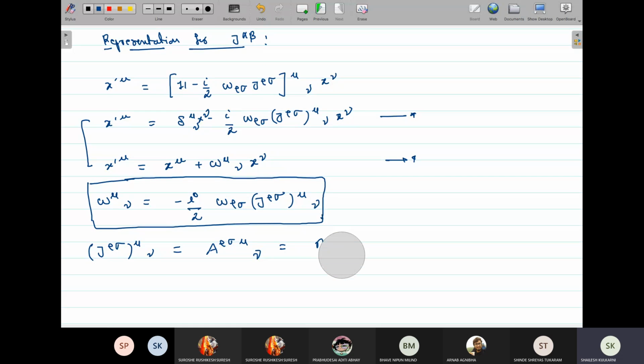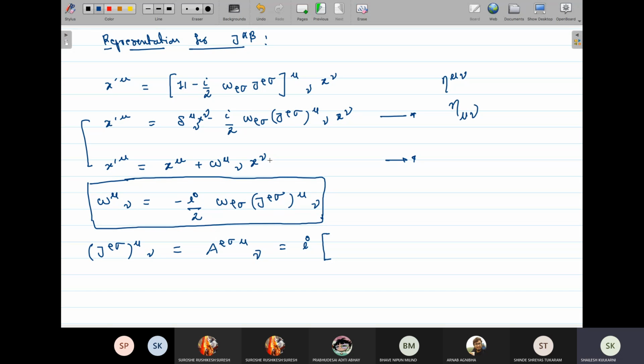One can guess that this form must have an i, because then the i will cancel and I will get a plus sign here. Then how to remove these two? I have to construct a combination of eta and delta. Why delta? Because there are some mixed indices. On eta there are no mixed indices; eta is either upper mu or lower.